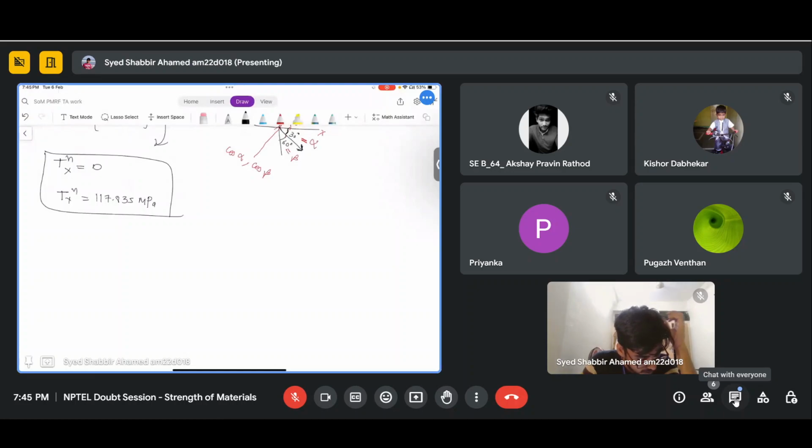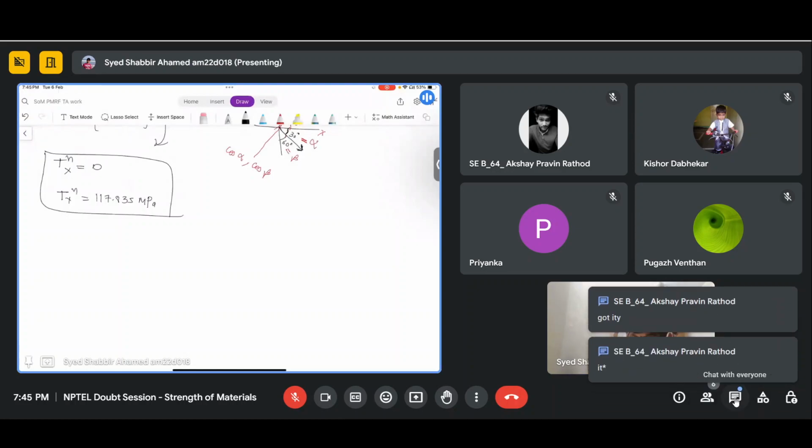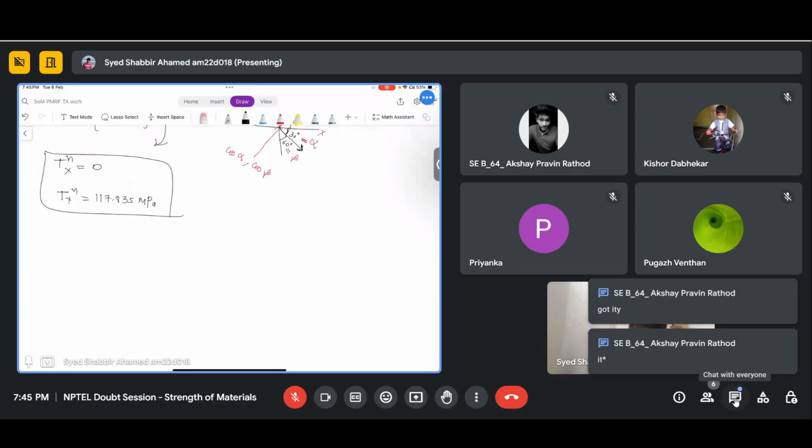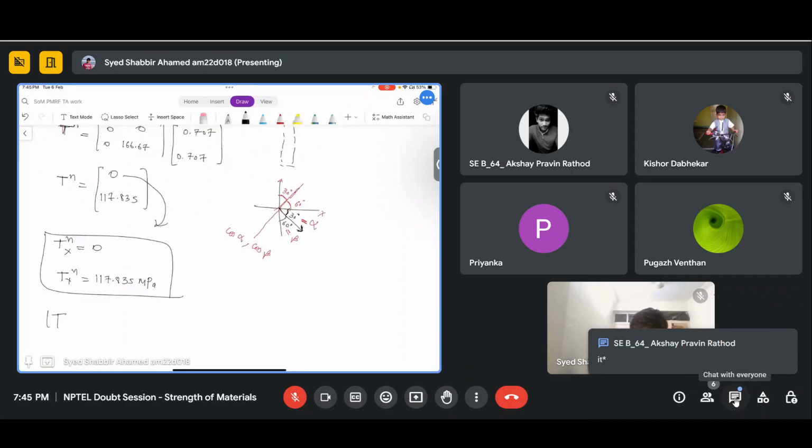And the magnitude of the traction vector acting on the plane is simply the square root of Txn square plus Tyn square.